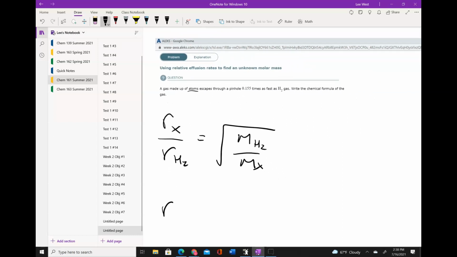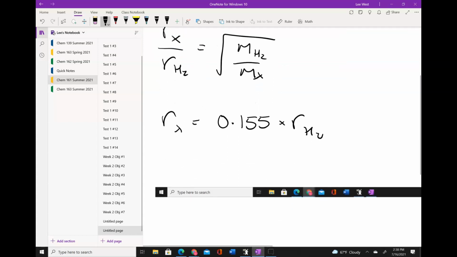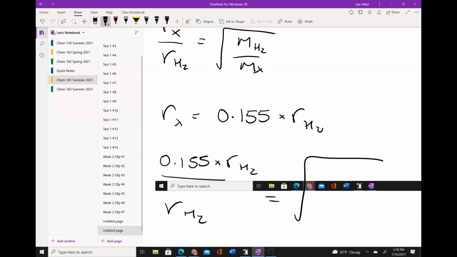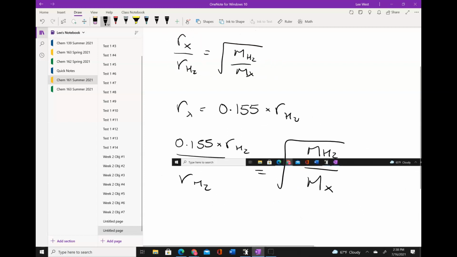And we know that the rate of effusion of our gas is 0.155 times the rate of effusion of hydrogen. So we're going to do the same trick again. 0.155 times the rate of effusion of hydrogen over the rate of effusion of hydrogen is equal to the square root of the mass of H2 over the mass of our gas.